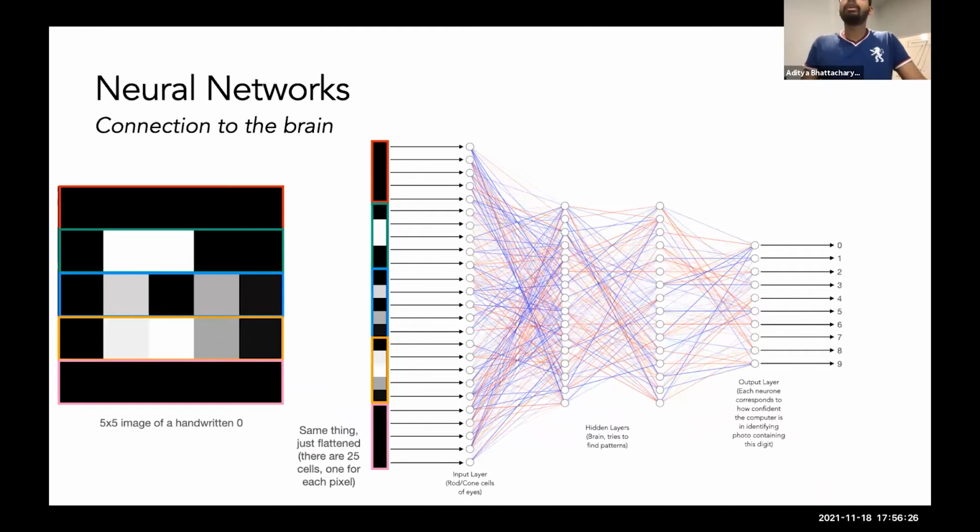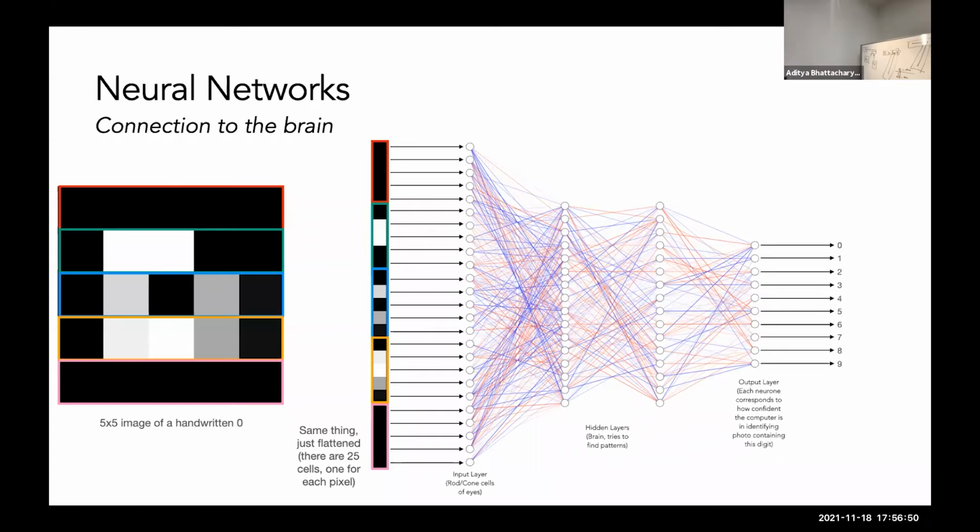This is how a neural network looks like. This is the actual thing. Let's say you have a 5 by 5 photo of a 0. What we do is we first try to flatten this image. How do you flatten it? Take all the pixels in this row, put them like this.